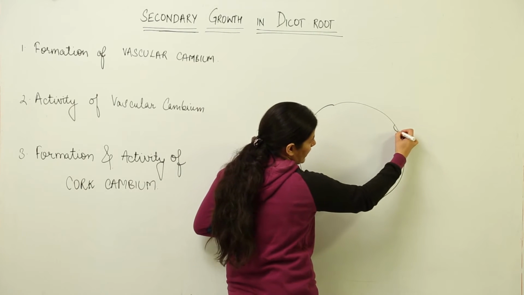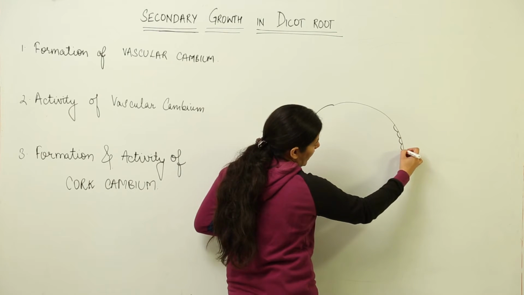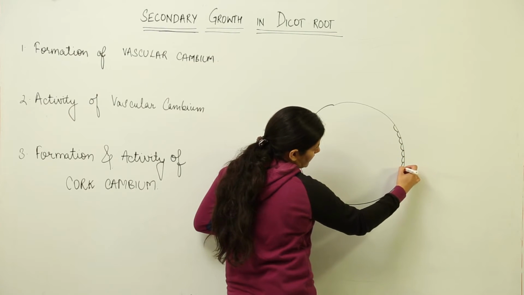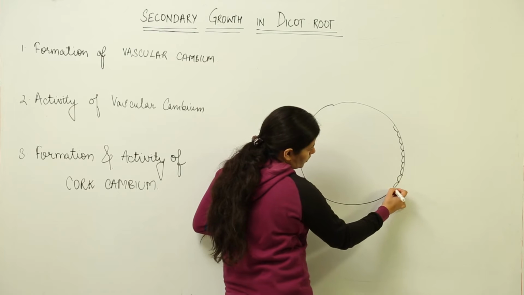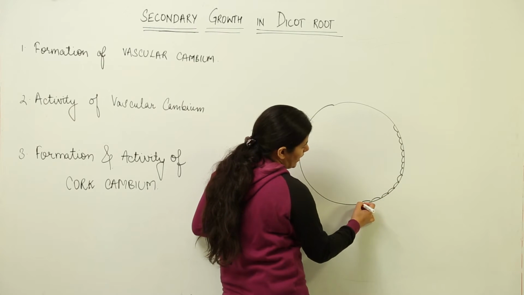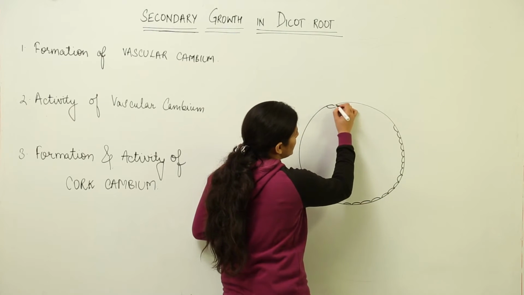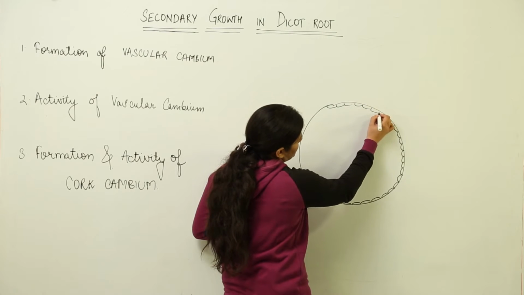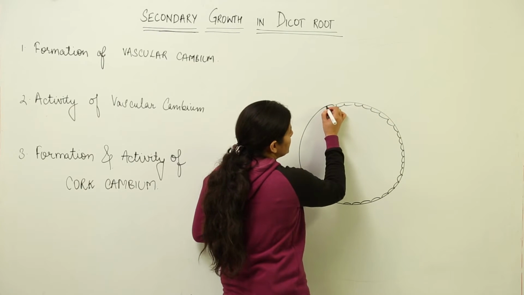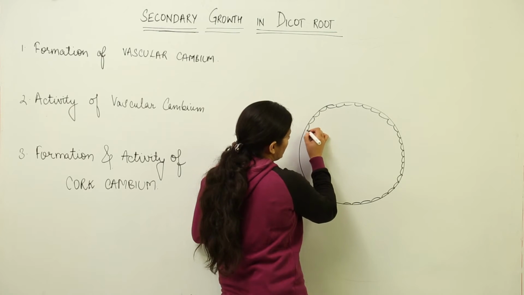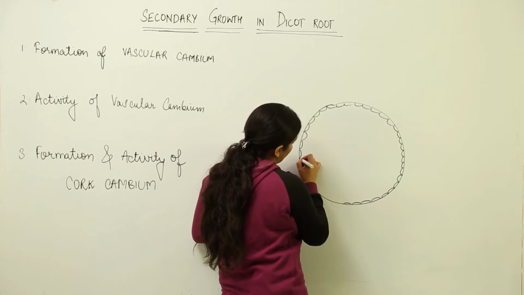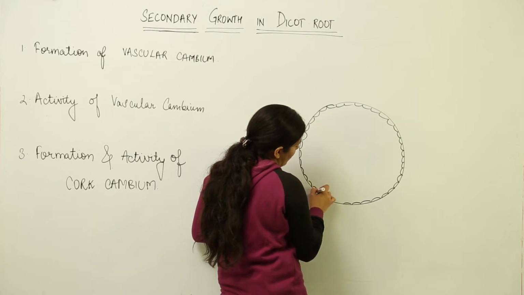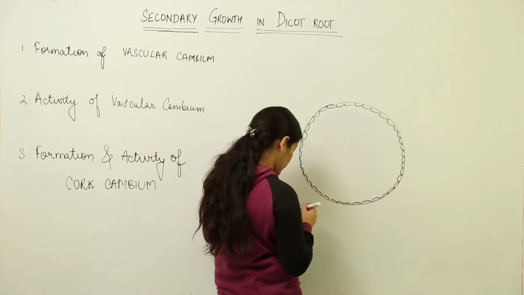Here we have the layer of endodermis, and endodermis has nothing to do at present. What is important to understand at this step is that the vascular bundles happen to be radial, and there is no strip of cambium. The vascular bundles are not open, no strip of cambium is found. So how would the secondary growth take place?